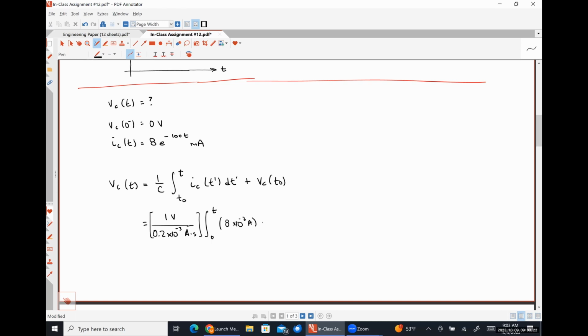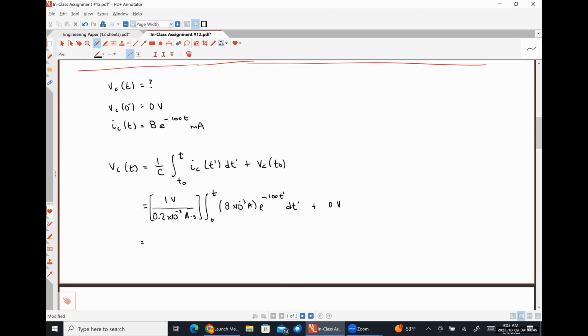So that's my 8 milliamps, e to the negative 100 t prime dt prime. And now outside of this integration, I need to add my initial condition, which was 0 volts.